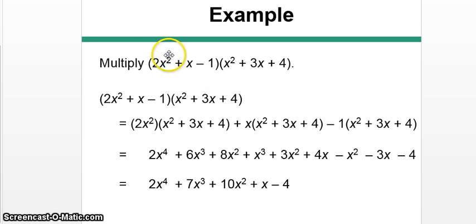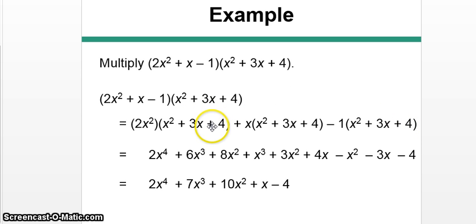That means 2x squared multiplied with x squared plus 3x plus 4, plus the second term x multiplied with x squared plus 3x plus 4. The third term is minus 1 multiplied with x squared plus 3x plus 4.